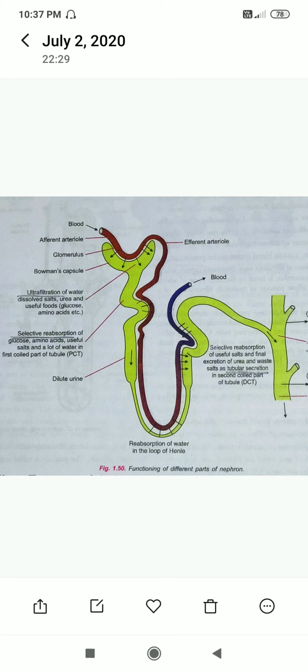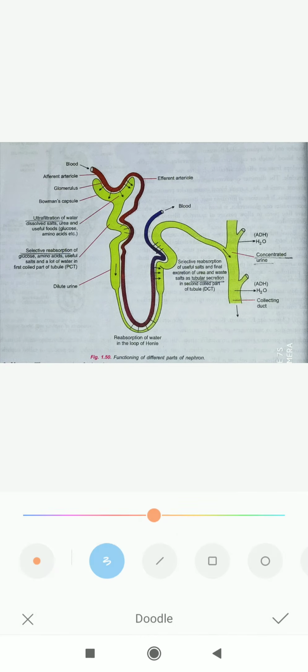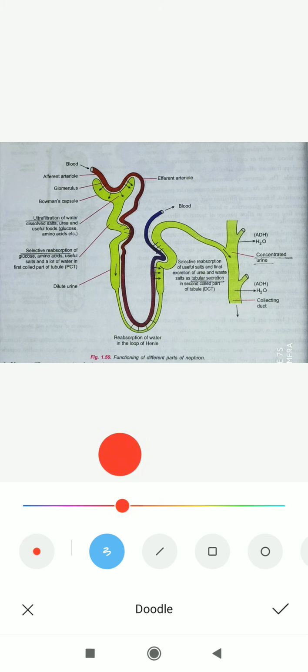In the first part, which we can see in the diagram present on the screen, you can see the diagram very clearly. We have the first part as the Malpighian tubule.